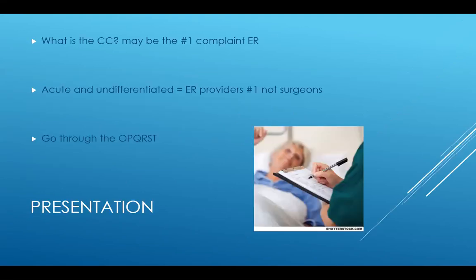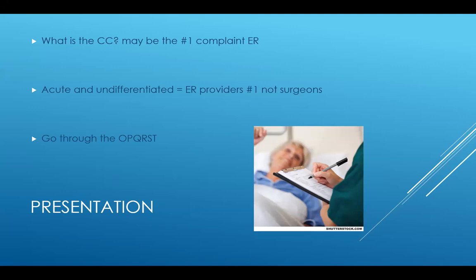So what's the chief complaint and how are they presenting? So who's good at abdominal pain? Well, traditionally we feel like the surgeons should be the best at undifferentiated abdominal pain, which they are extremely well. However, if we're an emergency room provider, we are probably going to be the person that is filtering these patients to the surgeons.